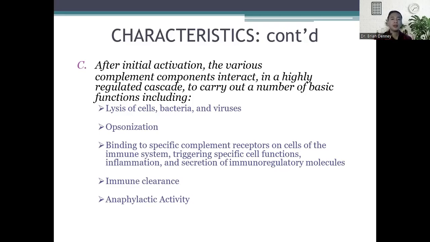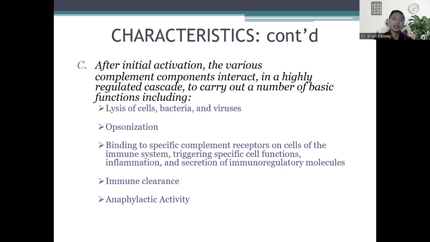And this causes triggering of inflammation and secretion of immunoregulatory molecules. This also causes immune clearance. Immune clearance meaning removal of antigens, removal of antigen antibody complexes, or removal of the materials produced after an immune response, and anaphylactic activity.